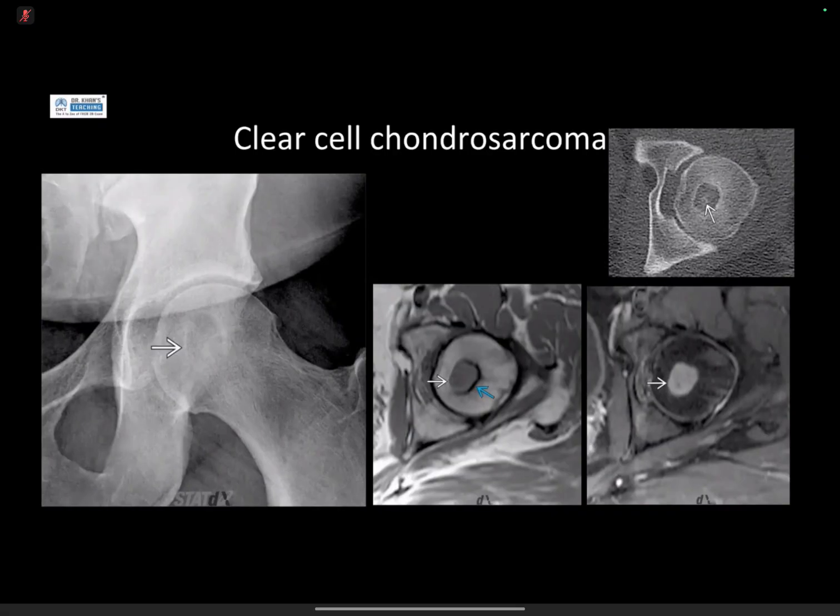It's really well defined. You can see that surrounding sclerosis. And then the MRI images at the bottom, just once again showing that this is a really well defined lesion with a thin sclerotic rim. And this was proven to be a clear cell chondrosarcoma.